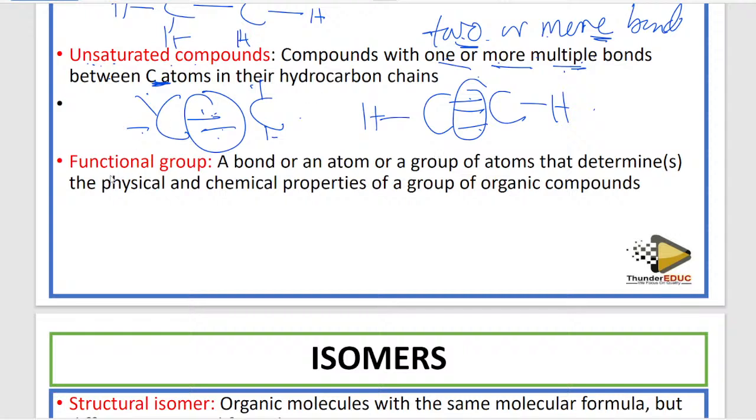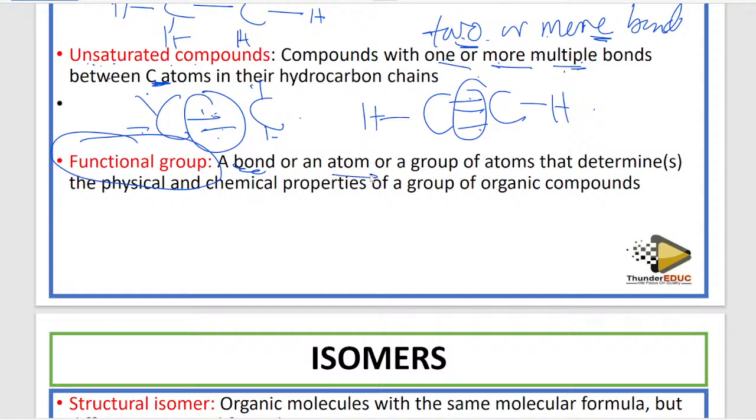Functional group. Guys, the words functional group and homologous series, you will find them concurrently. They are going together. A functional group could be a bond, like we say single bond, double bond, triple bond.